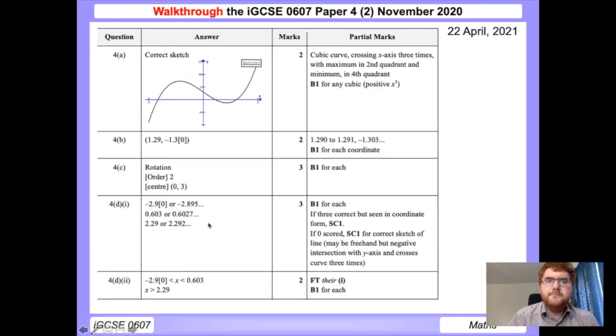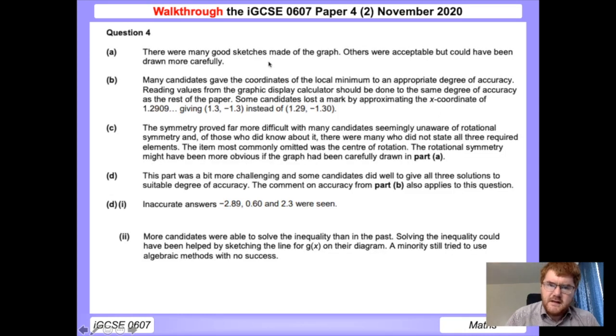Before we move on, here is the mark scheme, so you can go through this yourself and check what I've talked about here and look at where you score the marks. What's also important is that lovely examiner's report. Question 4A, many good sketches were made, but just make sure to draw them carefully. Make sure that we have the correct degree of accuracy. Notice I was quite careful with that, 1.29 minus 1.30.